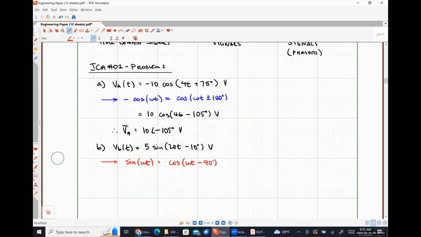So effectively, in order to convert from a sine function into a cosine function, we simply subtract 90 degrees from the phase angle, okay? So applying this identity, we would have 5 cosine 20t, and then negative 10 minus 90 comes out to be negative 100 degrees.